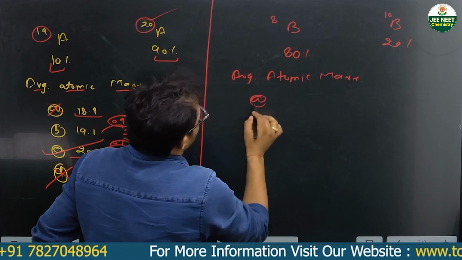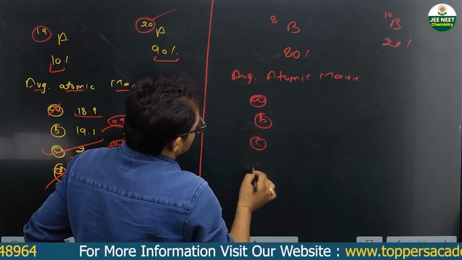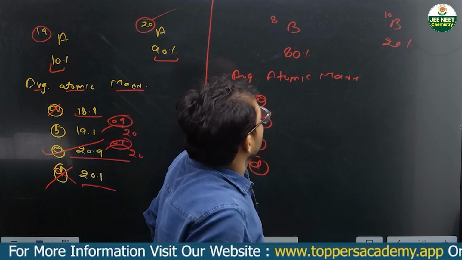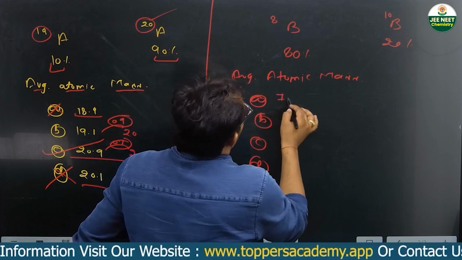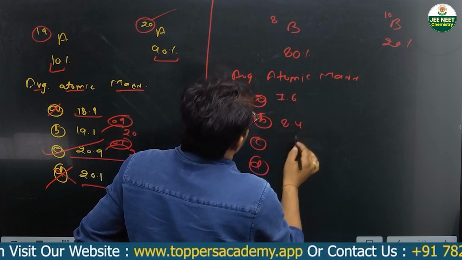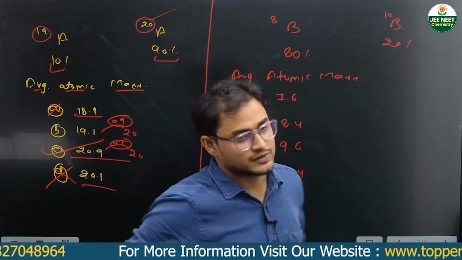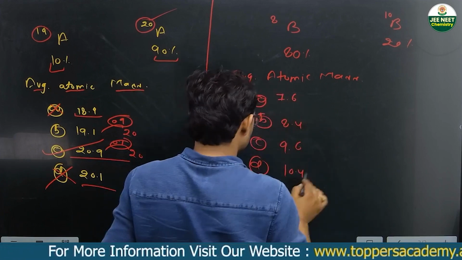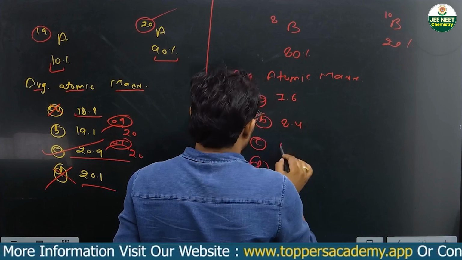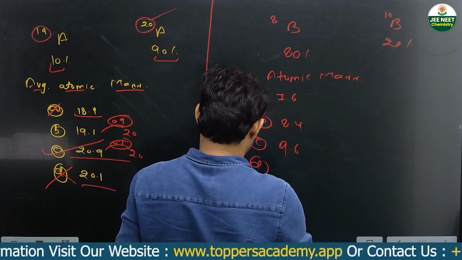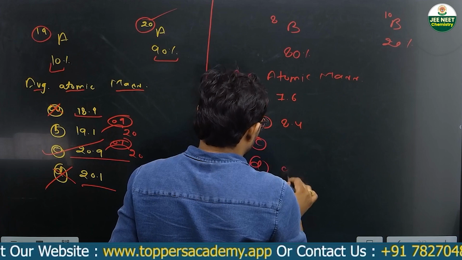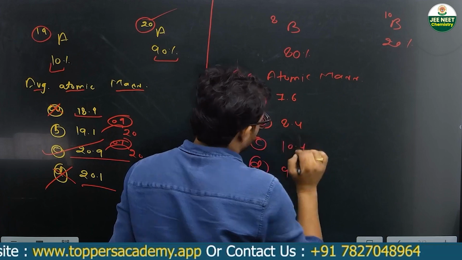Options are A, B, C, D: 7.6, 8.4, 9.6, 10.4. These are the options, my dear students, right?